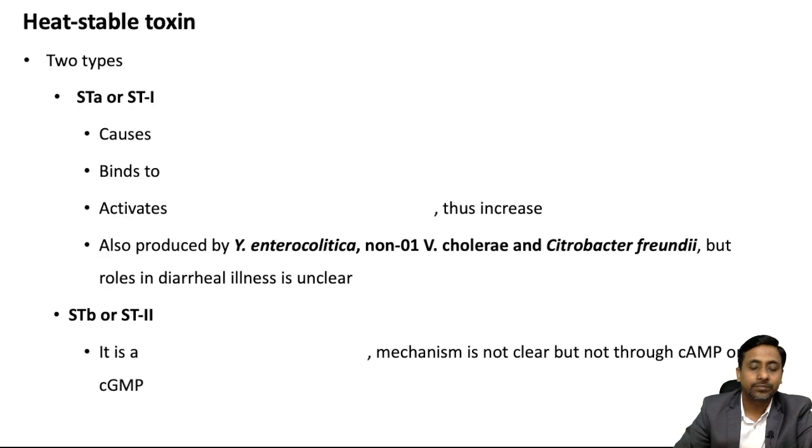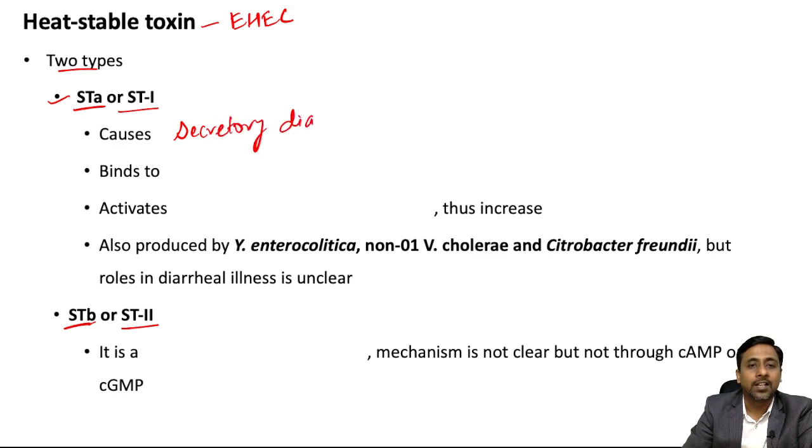Okay. Heat stable toxin, as I told you in the discussion of the question itself, is produced by EHEC, and there are two types of heat stable toxin, STa or ST1 and STb or ST2. This STa basically causes secretory diarrhea. Okay, and how will it lead to secretory diarrhea?